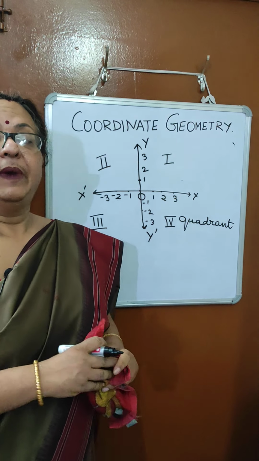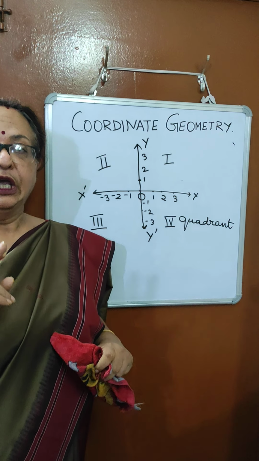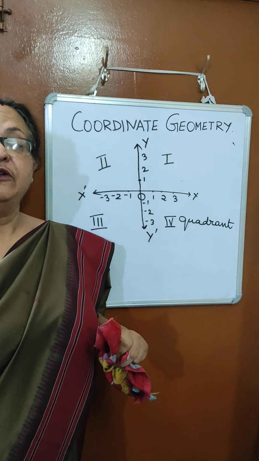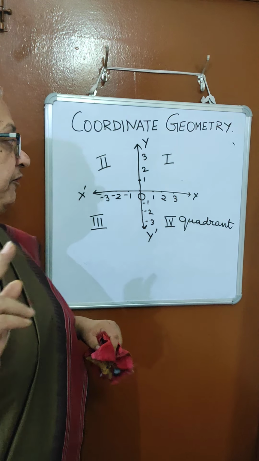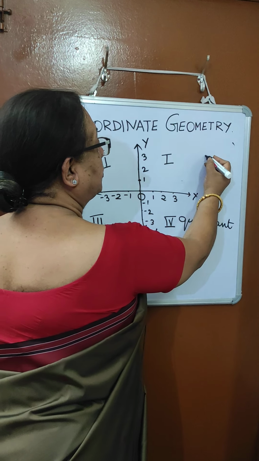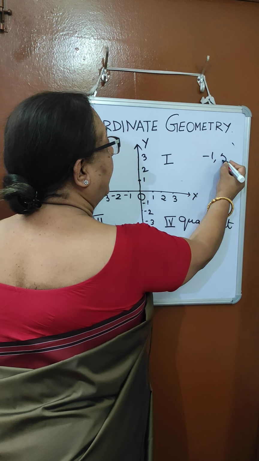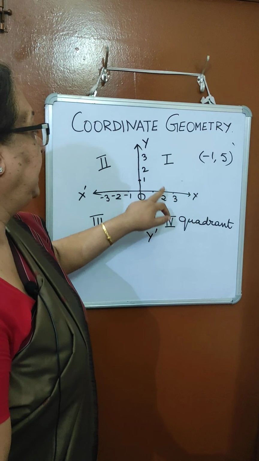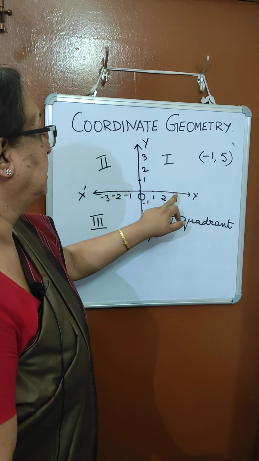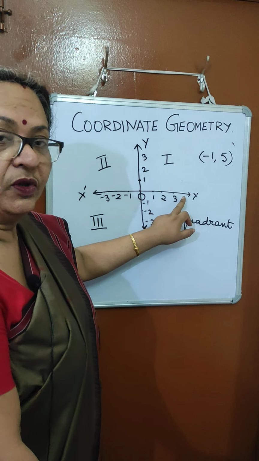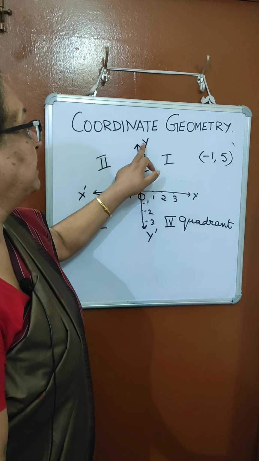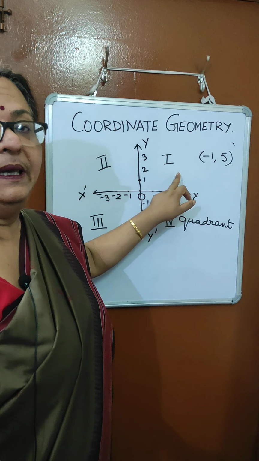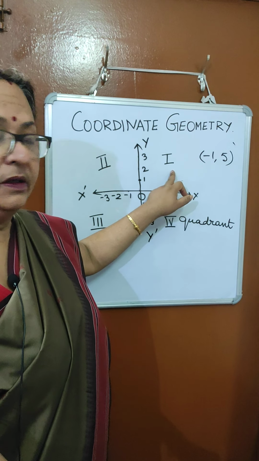Now just by looking at a point, you can say in which quadrant the point will lie. For example, suppose I take a point -1, 5. Now you see here, the first quadrant has positive numbers on the x-axis and positive numbers on the y-axis. So if both numbers are positive, it will be in the first quadrant.